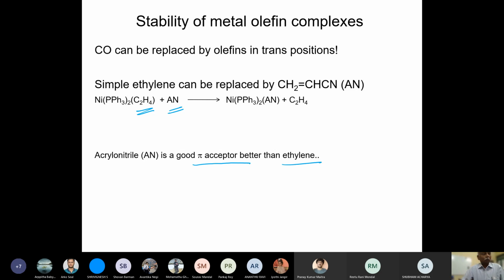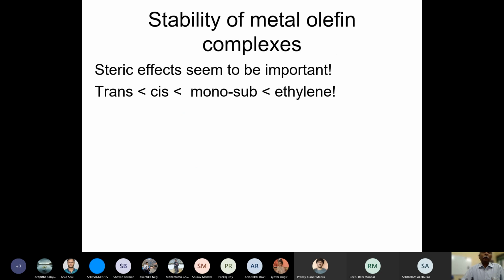As you increase the steric effects on the olefin, you form weaker and weaker complexes. If I have ethylene, that's the strongest complex. The moment you substitute it with a methyl group, the strength goes down. If you substitute it in the cis position, it's better. If you substitute in the trans position, it's extremely bad.